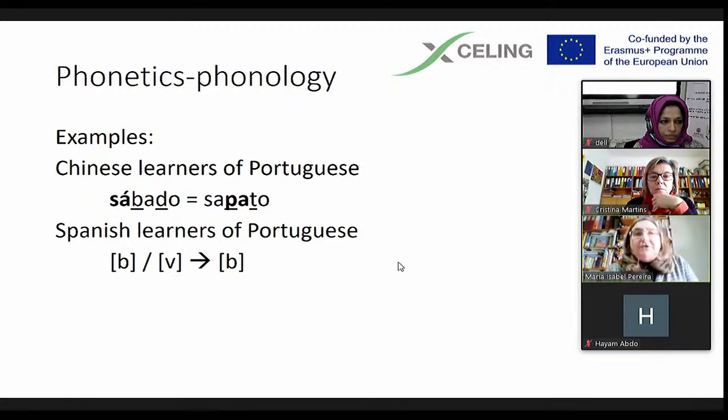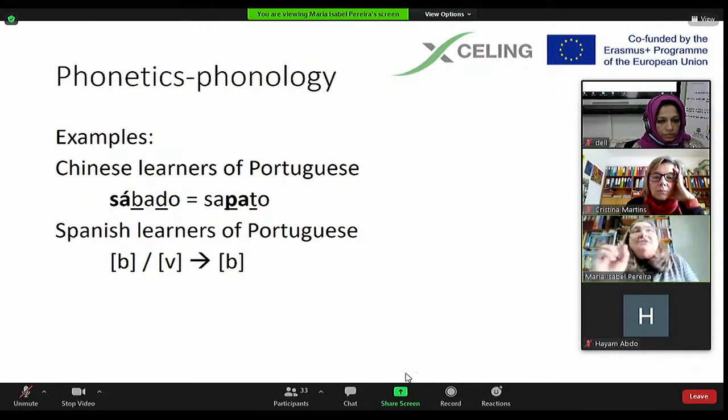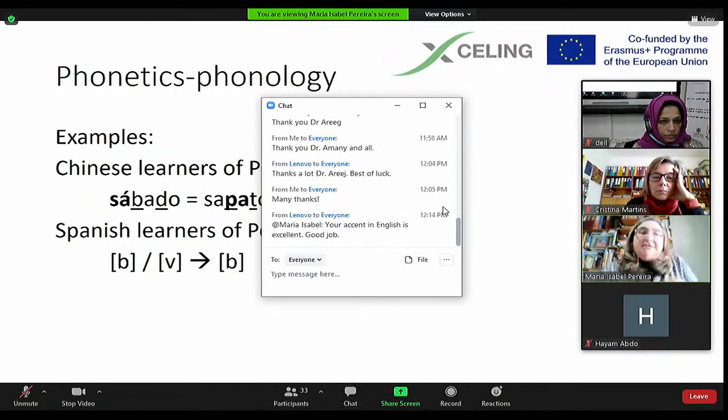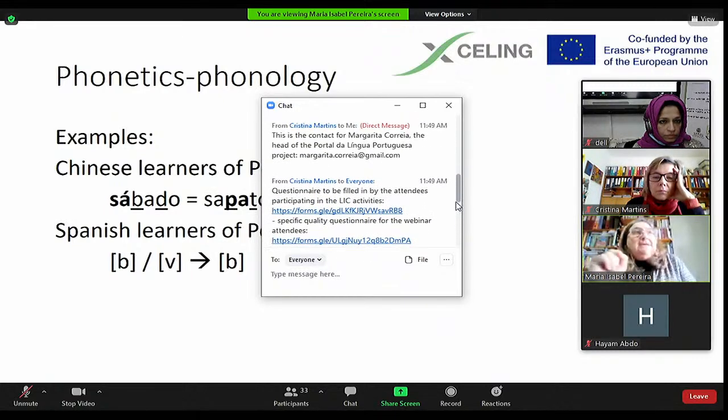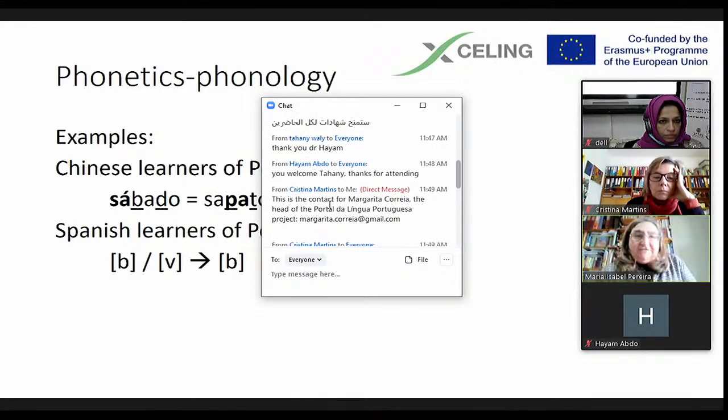There is no phonological contrast, and also the t. So b, p. It is quite common that Chinese learners don't perceive the difference between the voiced and the unvoiced plosives.